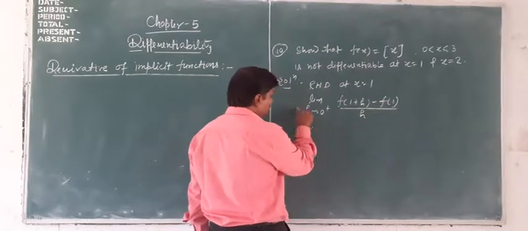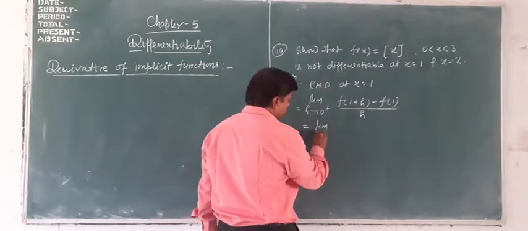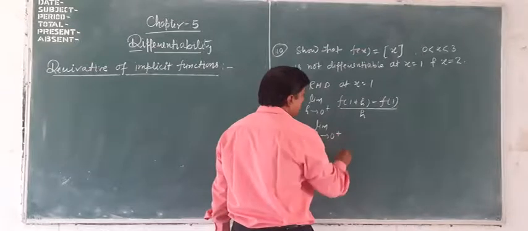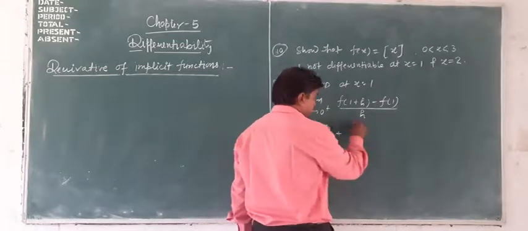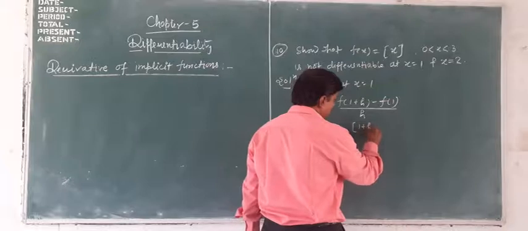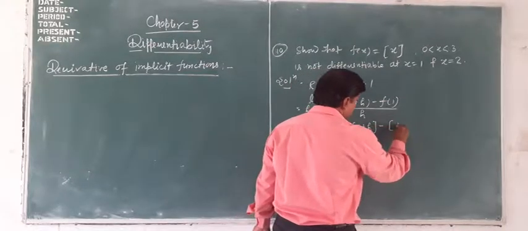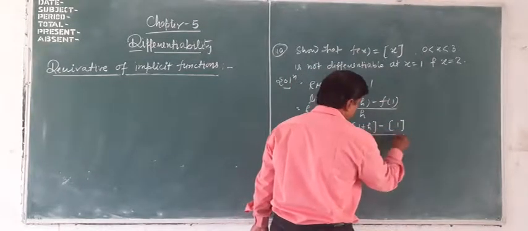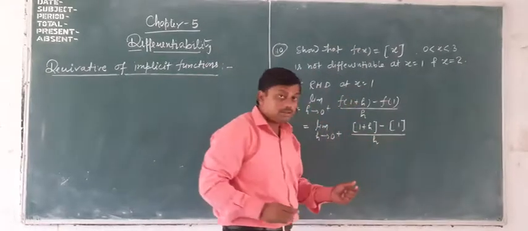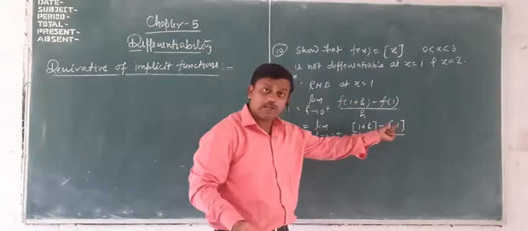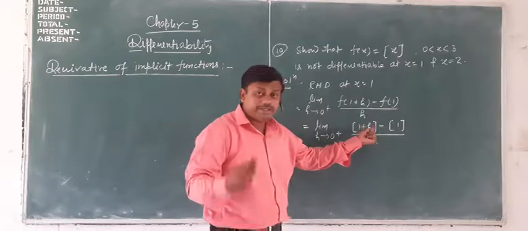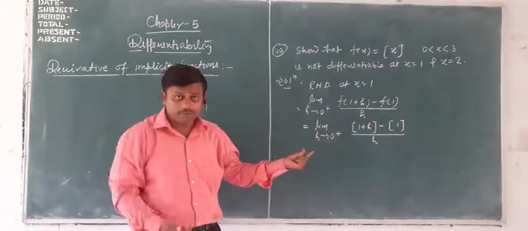So this is the greatest integer of 1 plus h minus the greatest integer of 1, divided by h. We know that 1 is an integer, so its value is 1. And 1 plus h is a number greater than 1.